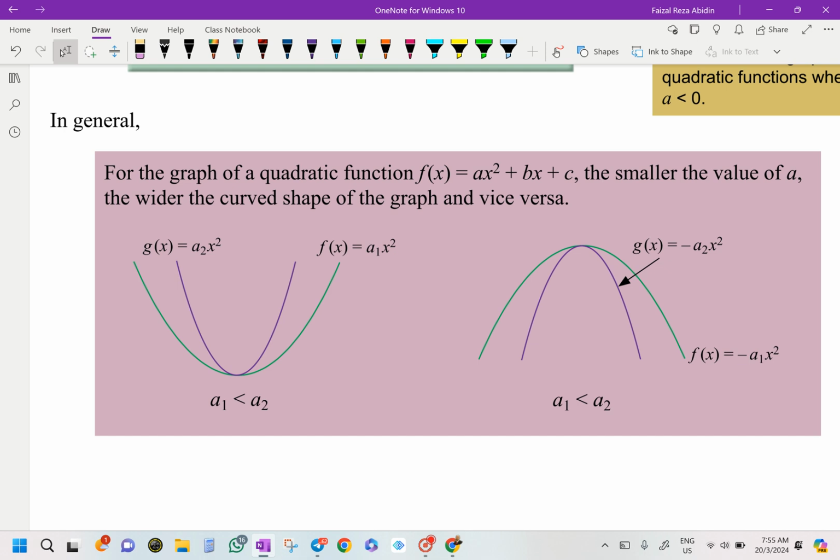Aku pun terbalik lah. Small the value, same lah. Okay, if you look over there, A1 lesser than A2, so it's going to be the same effect. Boleh faham? Boleh? That's for our Y.